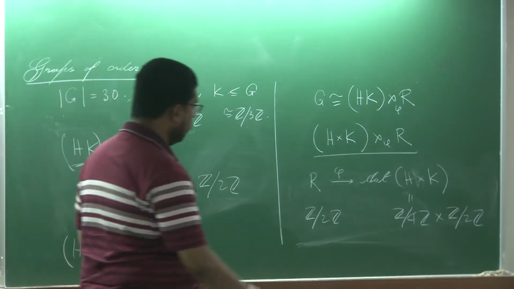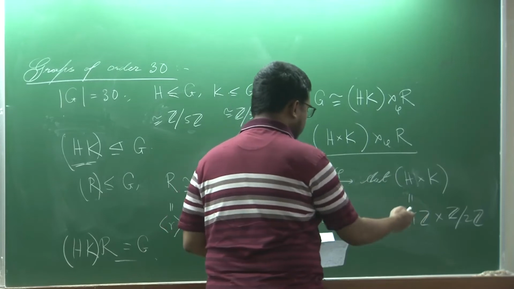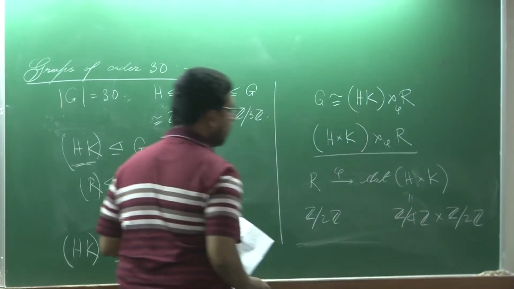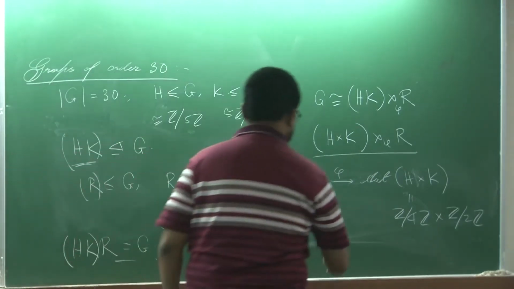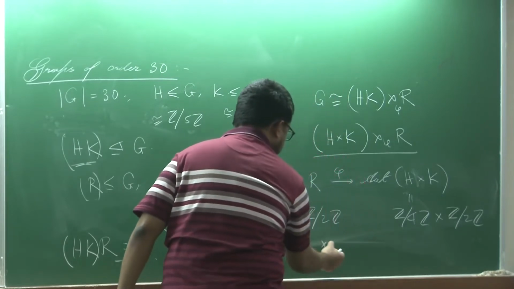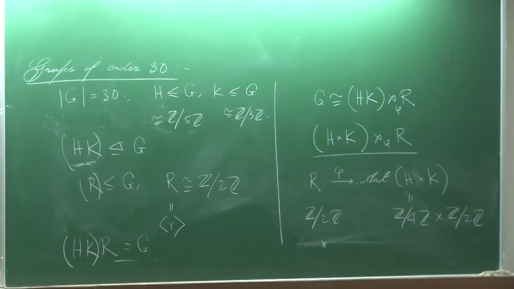So now we have to just take care of how many homomorphisms we can talk about from this cyclic group to this product. It's enough to specify where the generator of this R goes under this phi, and how do we do that?